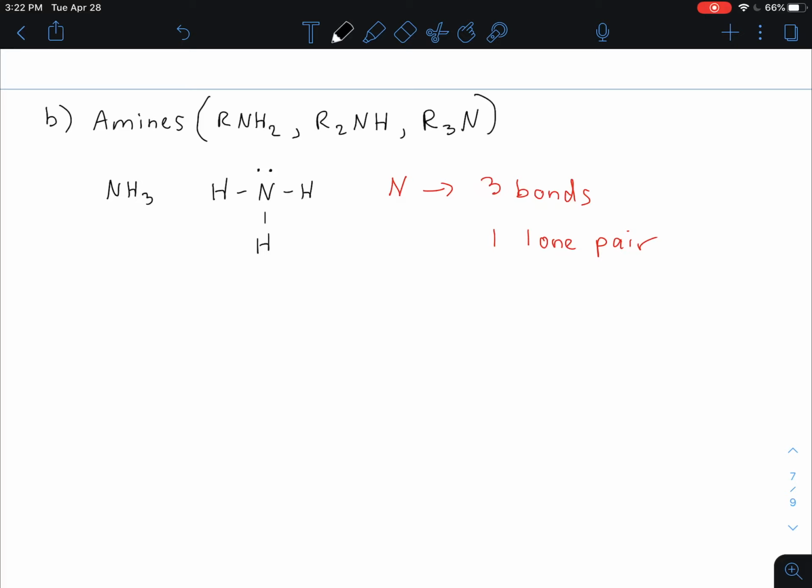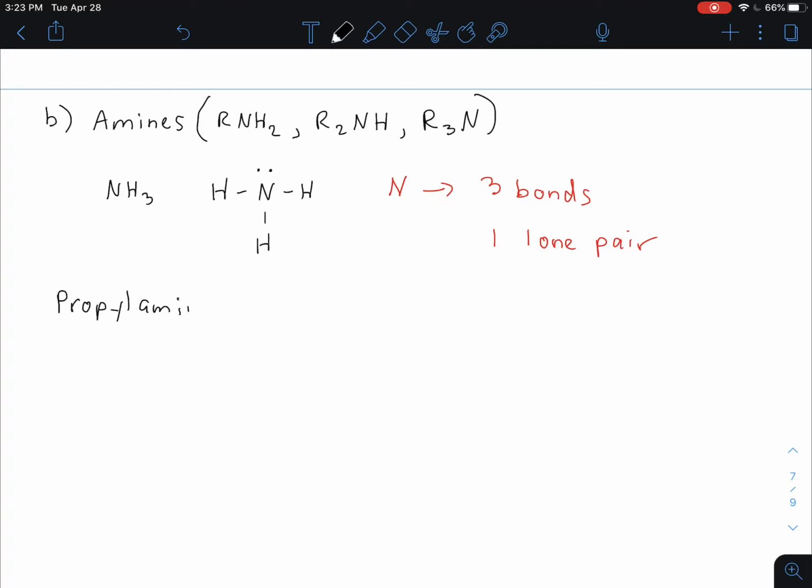That's the typical pattern we're expecting to see for a neutral nitrogen atom, which is what we're interested in talking about here. So in this naming scheme, we still use the prefix that indicates the chain length, but because there could be 2 or 3 chain lengths, we'll also see some prefixes like di for 2 and tri for 3.